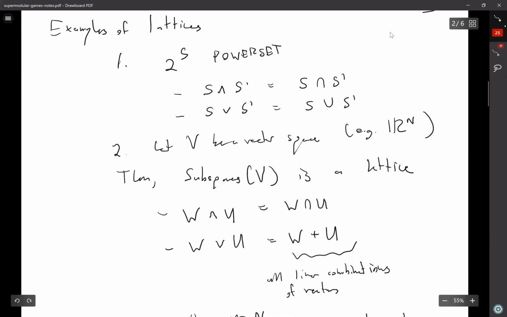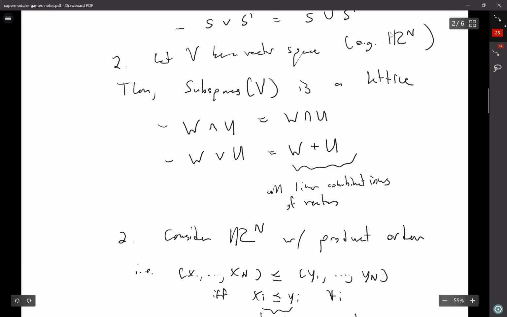Another example, which is probably my favorite example, is you can consider a vector space, for example R^n, then all the linear subspaces of this vector space form a lattice. The least upper bound in this situation is the vector space sum. So we take the sum of all linear combinations of vectors from W and from U. And then the meet in this lattice is the intersection.